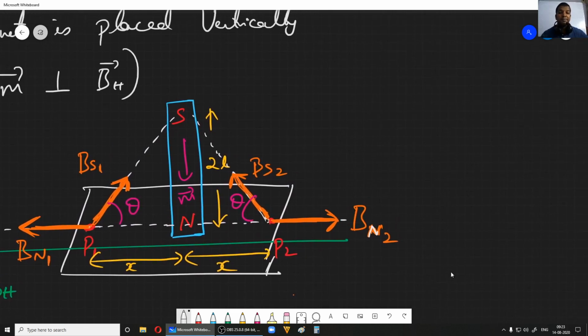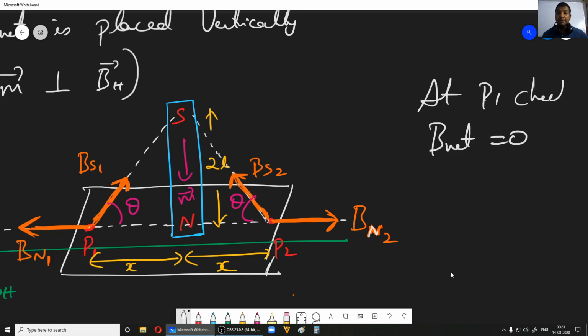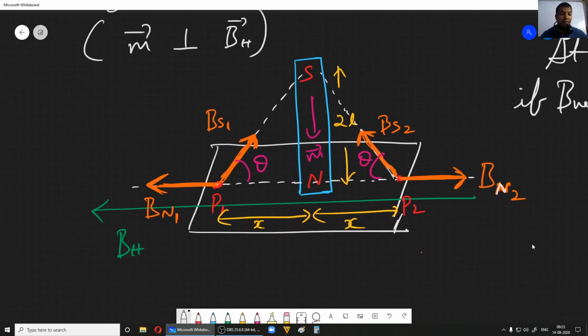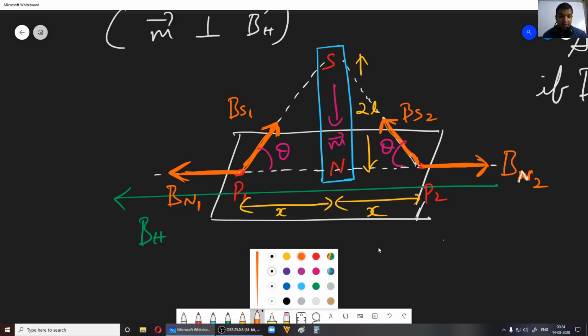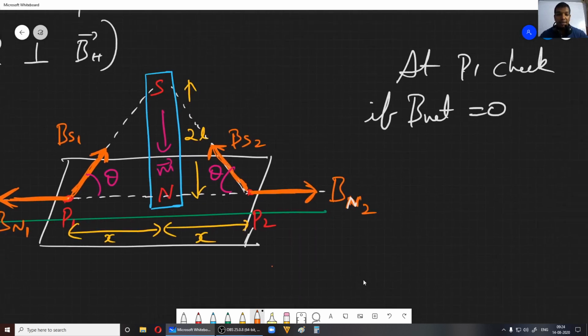At P1, the net magnetic field has to be 0, so we check if B net is 0. See, you have Bn1 towards the left, and BH is towards the left. And a component of Bs1, which I can write as Bs1 cos theta. I'll write it separately.